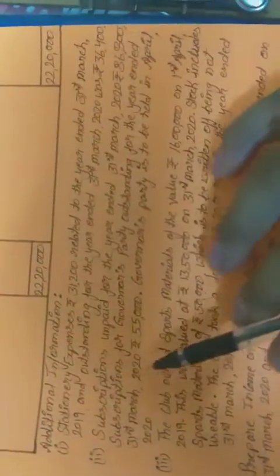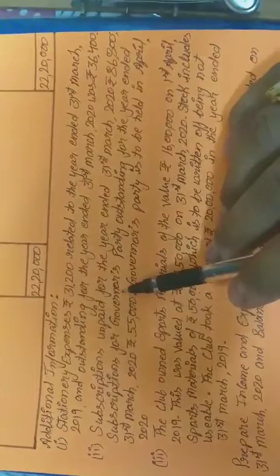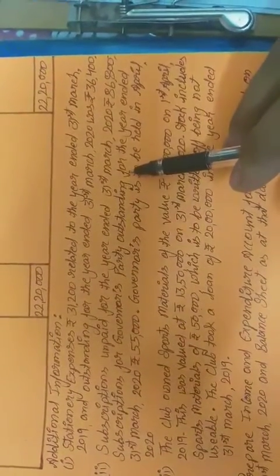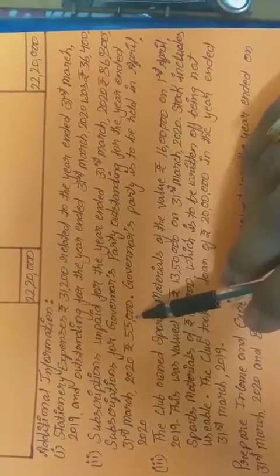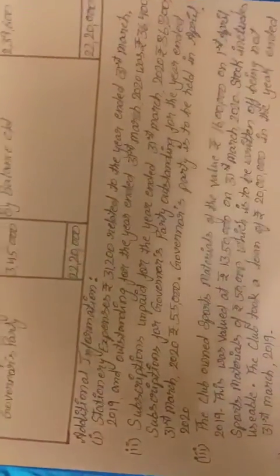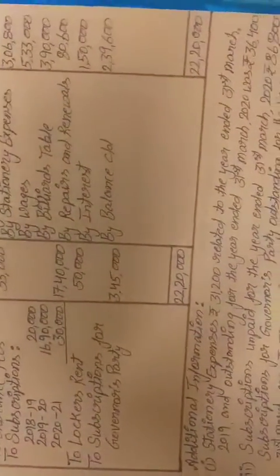Okay, now subscriptions for governor party outstanding for the year ended 31st March 2020, 55,000. So governor party subscription, where will it be transferred? It will be transferred to the liability side in the closing balance sheet because it is a receipt and it is income, and income always transfers to the liability side, not the asset side.